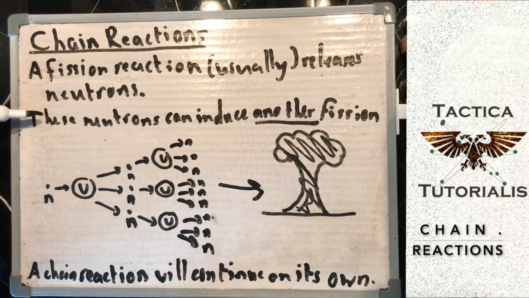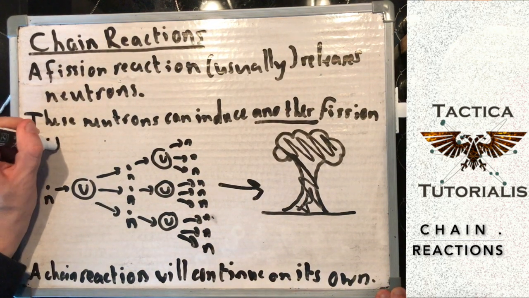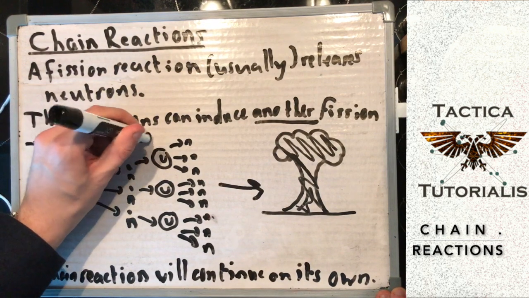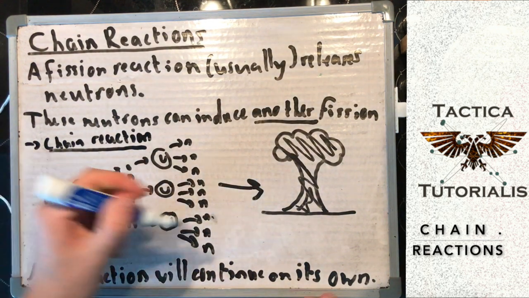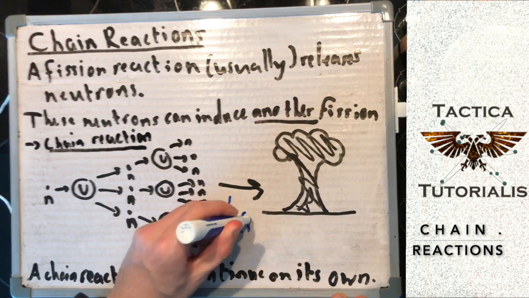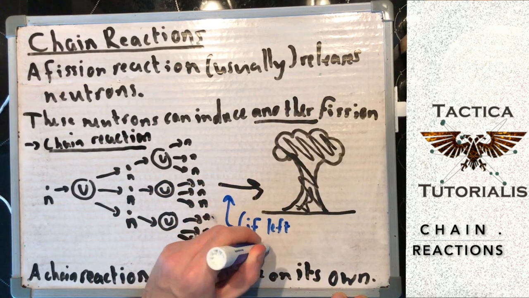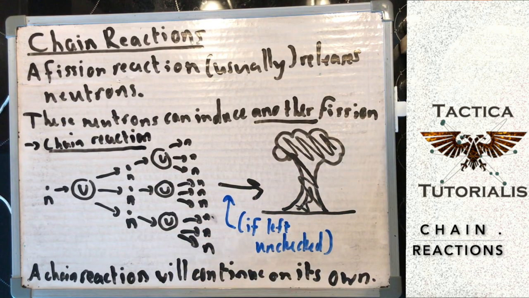And these neutrons induce another fission, leading to a chain reaction, which is this. And this, if left unchecked, which I'll just sort of put in a bracket, if left unchecked, is a problem.